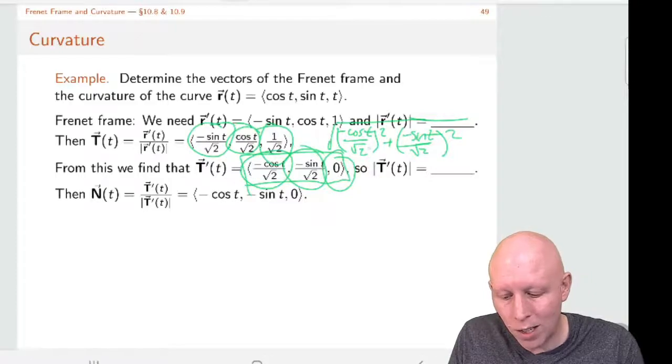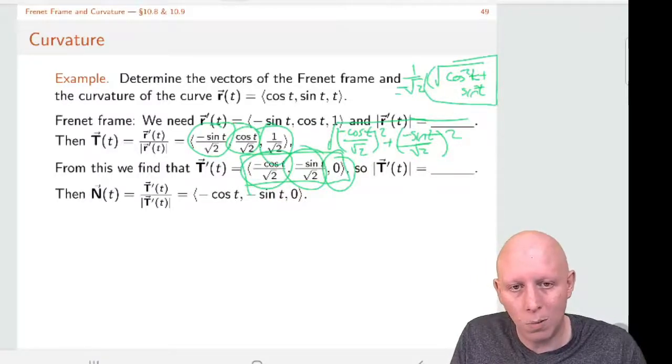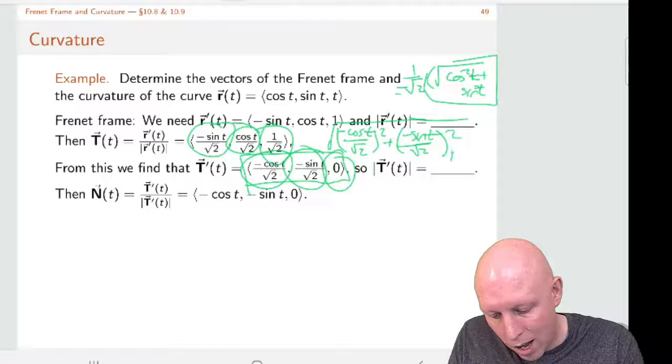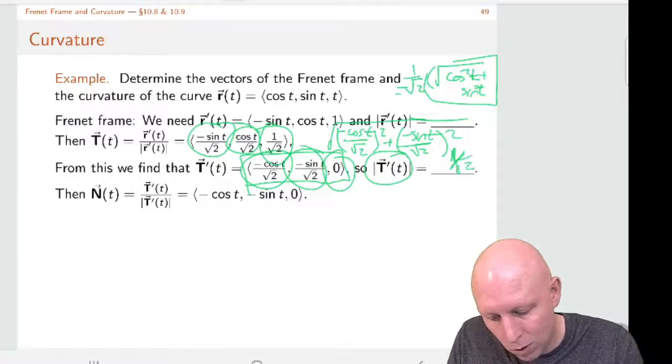We can factor out the 1 over root 2 times the square root of cosine squared t plus sine squared t, which is the square root of 1. So this length of the derivative of the unit tangent vector is 1 over root 2.